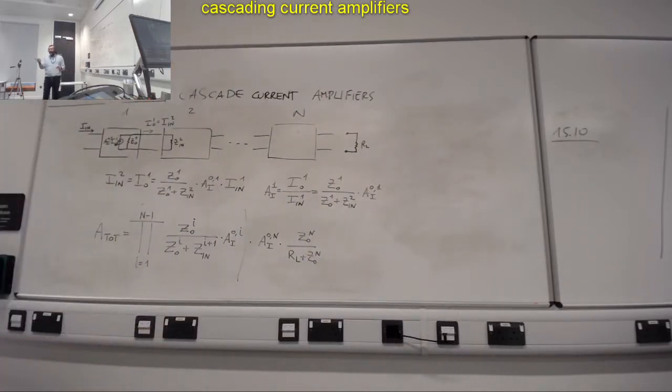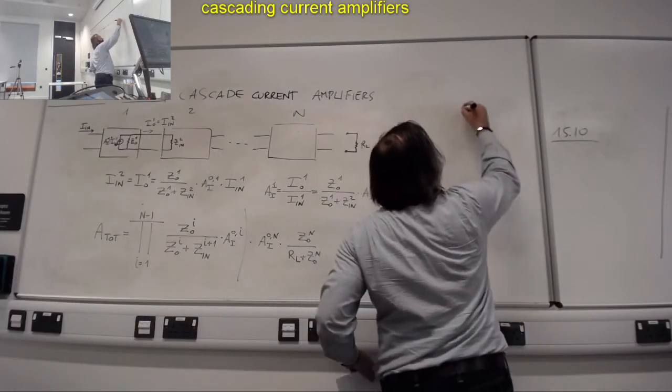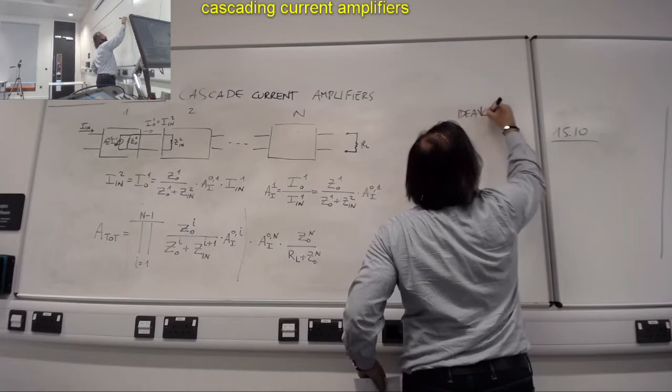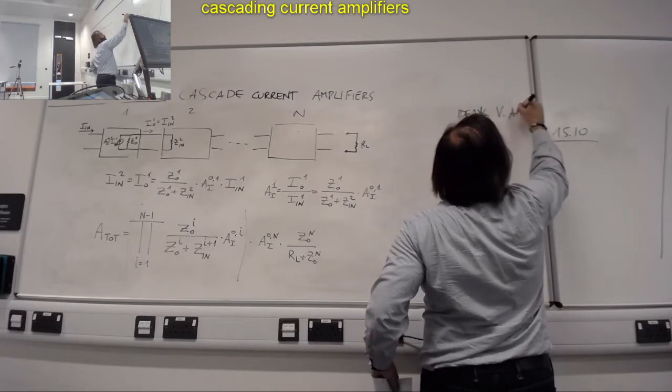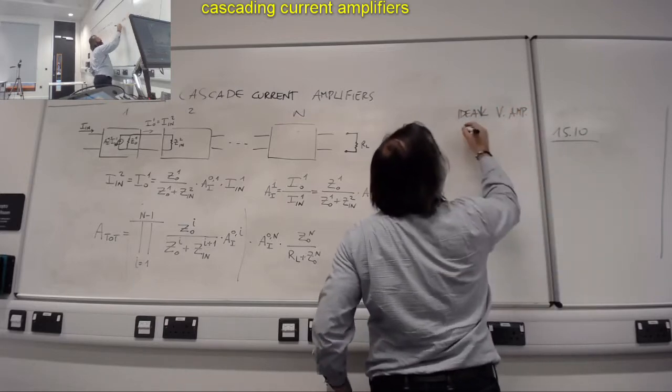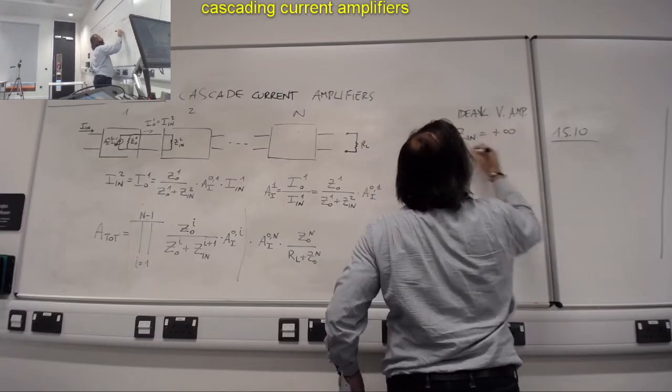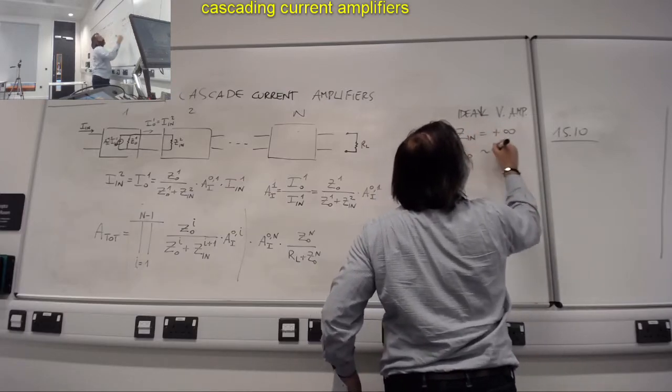should have Z input infinite for an ideal V amplifier. We need Z input infinite and Z output 0.